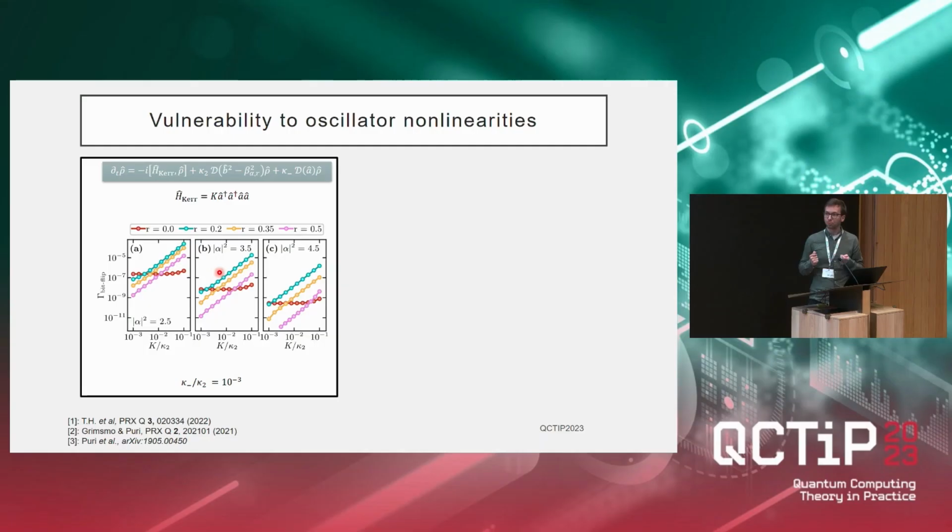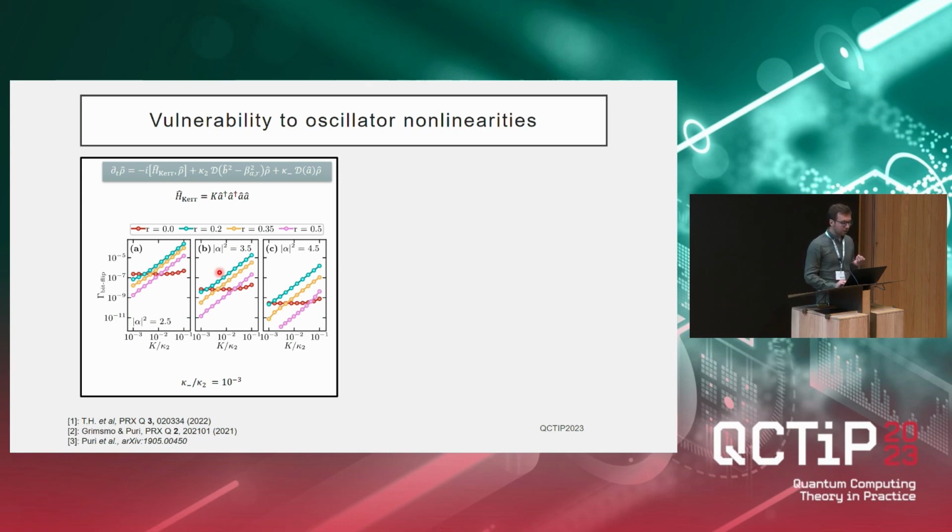For a harmonic oscillator, it's harmonic, so there should be no nonlinearity. But usually there's some, because without nonlinearity, we cannot do any quantum computing. You can think of nonlinearity as a resource for doing non-Clifford gates, actually. What we checked here is a specific form of nonlinearity, known as Kerr-type nonlinearity, which has the following form, and we checked it for the squeezed cat qubit.